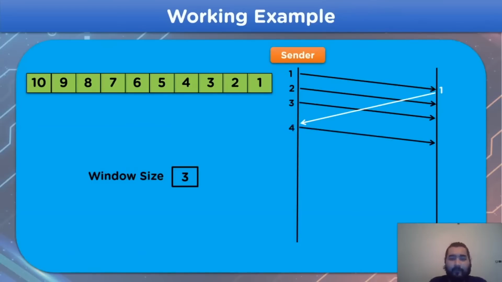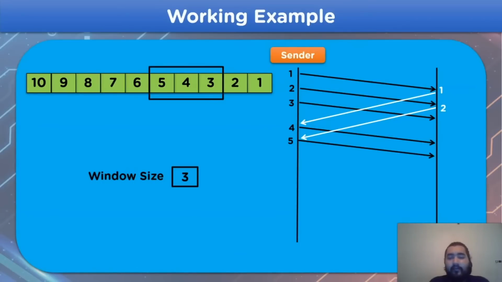And a sliding window appears on sequence number 2, 3, and 4. And similarly, for frame number 2, we'll send the acknowledgement from the receiver side to the sender side, and send frame number 5 from sender to the receiver side. And a sliding window appears on sequence number 3, 4, and 5.